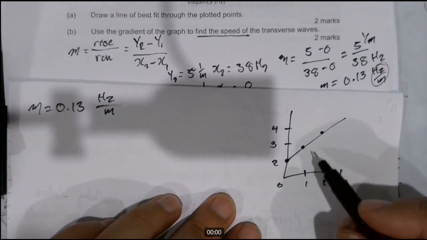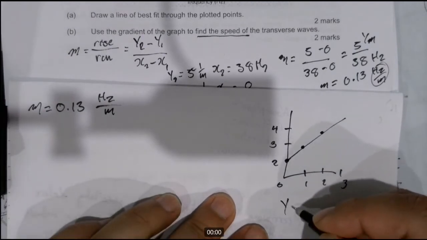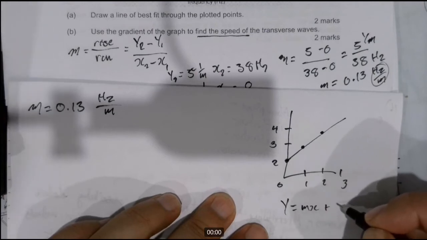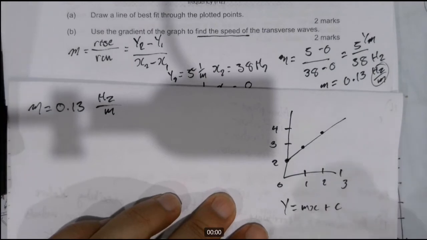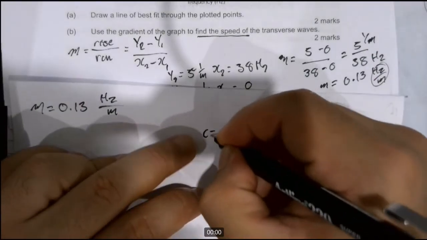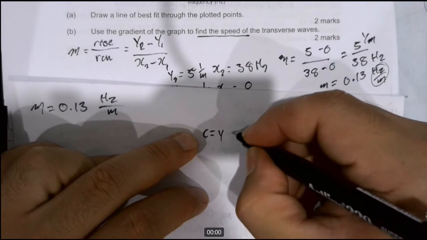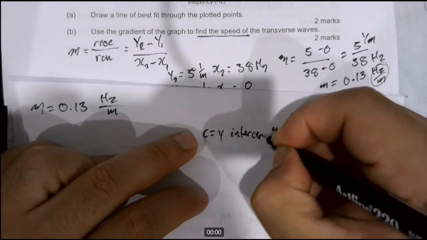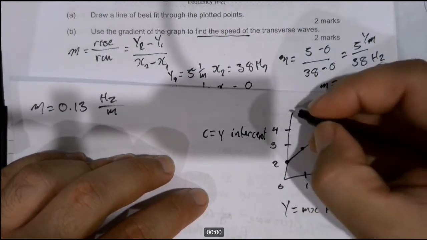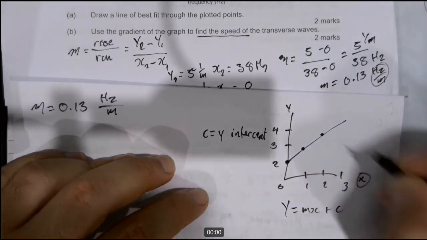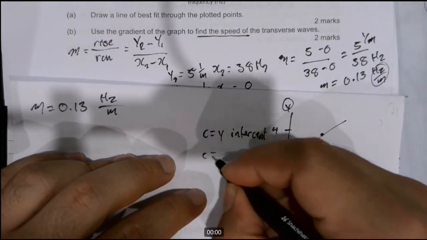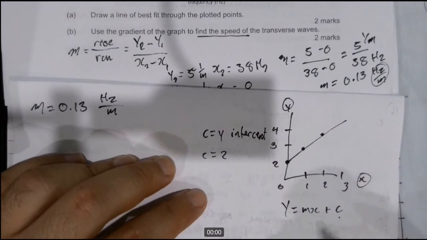The one that you guys have covered is y is equal to mx plus c. So c is supposed to be the y-intercept, and where that line intercepts the y-axis is number 2. So c is equal to 2, right?